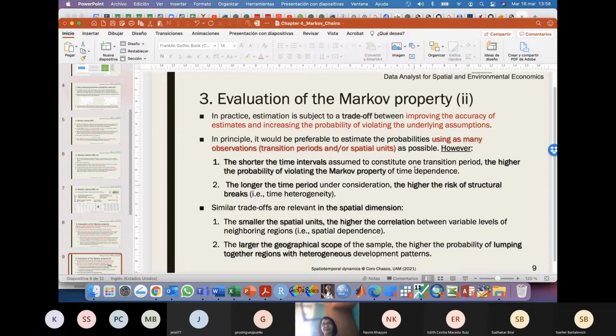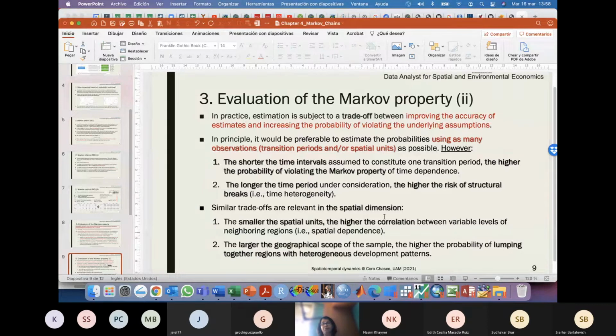But the longer the time period under consideration, instead of 1 decade, 2 decades, or instead of 1 hour, 24 hours, the higher the risk of structural breaks or time heterogeneity. So it's not easy to see what to do.